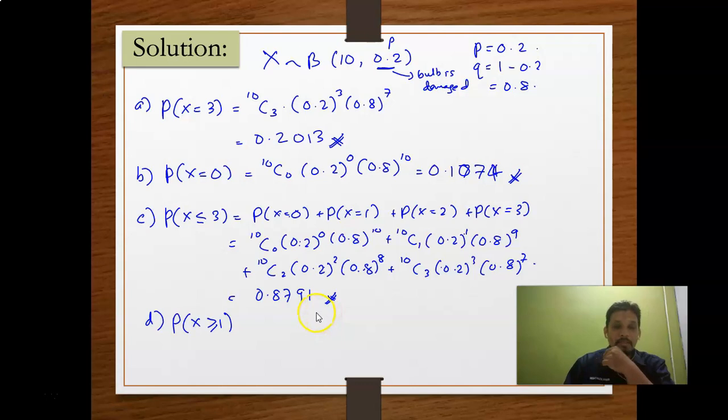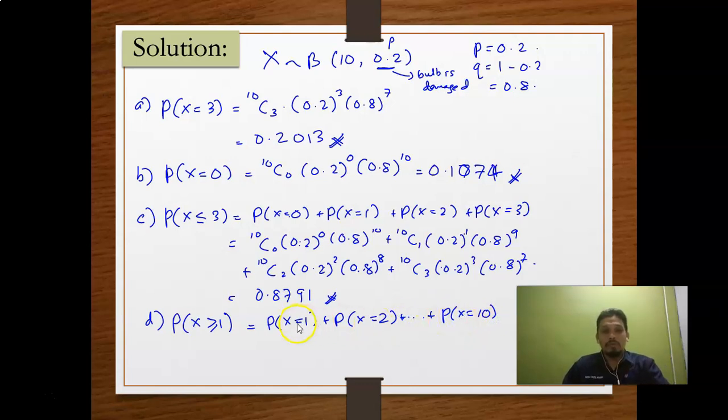Class, for binomial, it is considered discrete, meaning the signs of greater than or equal to and greater than have two different meanings. So this means probability of X equal to 1 plus probability of X equal to 2 until probability of X equal to 10. Are we going to list down all these one by one? You may do so if you want to, but let's make our life easier.